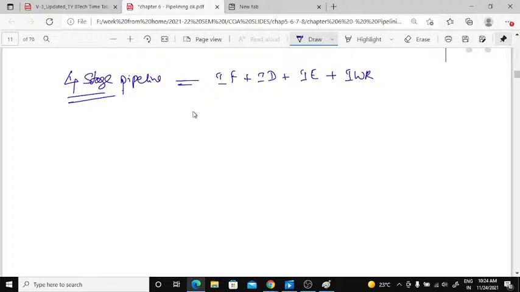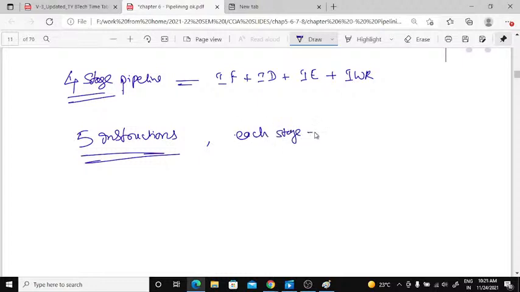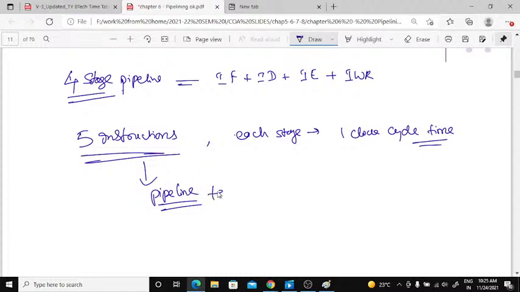Take five instructions, and each stage takes one clock cycle time. Now you have to calculate, for 5 instructions using the pipelining technique, how many clock cycles it takes to execute the 5 instructions. As homework, you do it.